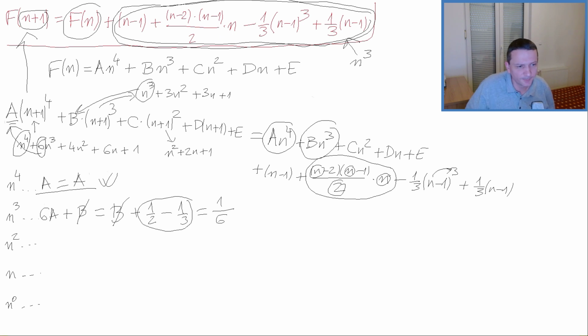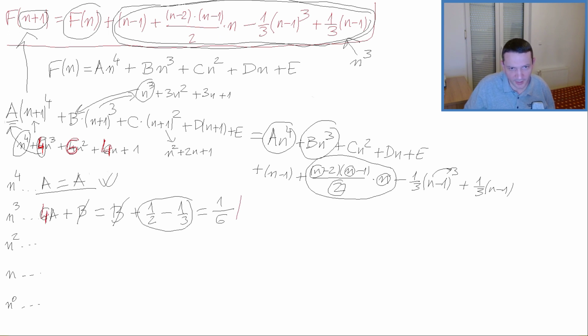Yes, I'm wrong here, sorry. I was wrong here on this binomial formula for the power of 4. Here is 4, here is 6, and here is 4. So this was my mistake.